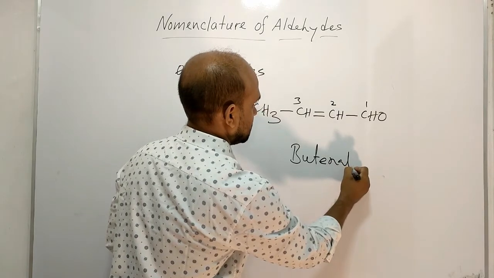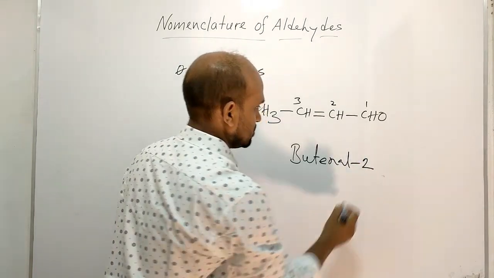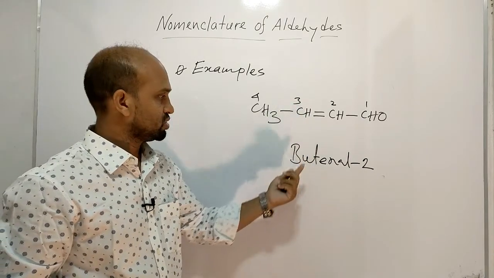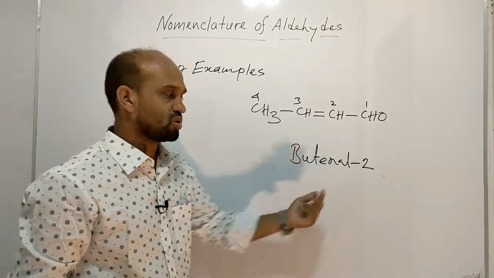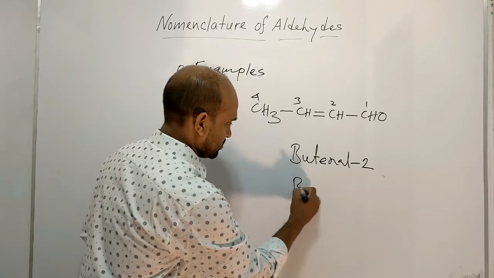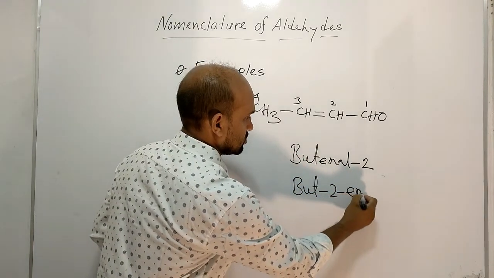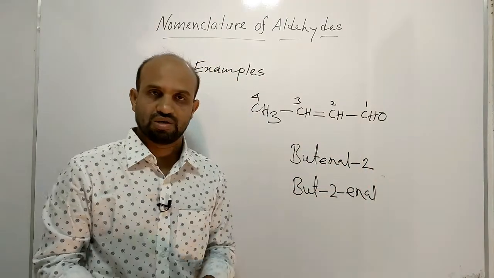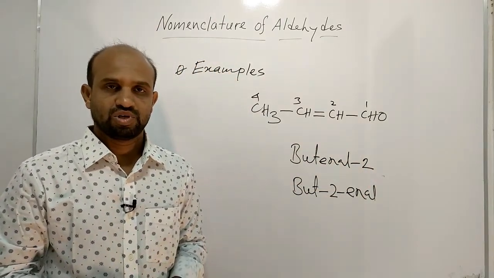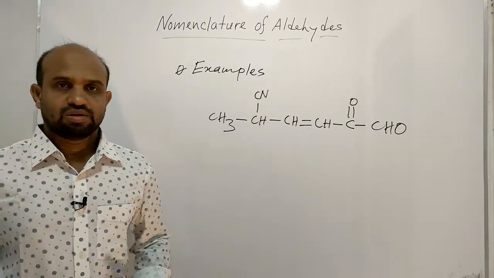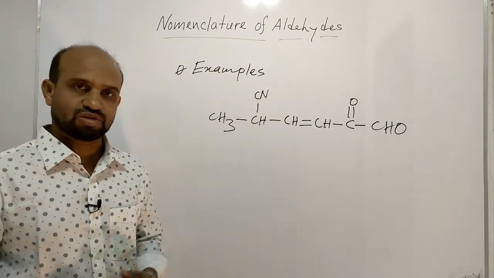Butenal, 2, because carbon 2 with carbon-carbon double bond. So but-2-enal.